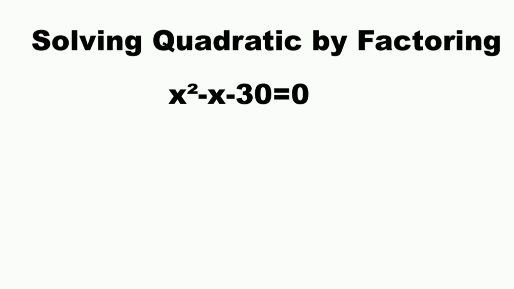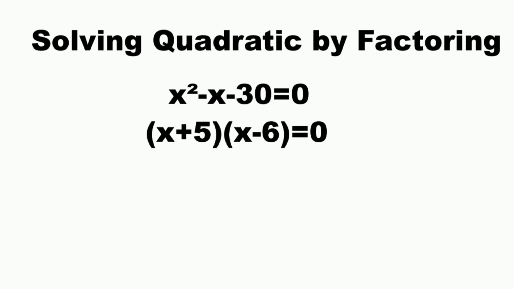Then the middle term is negative, so the negative must be greater than the positive in absolute value, and they just differ by 1. So the possible factors are x plus 5 times x minus 6 equals 0.